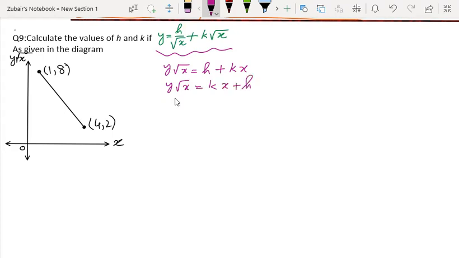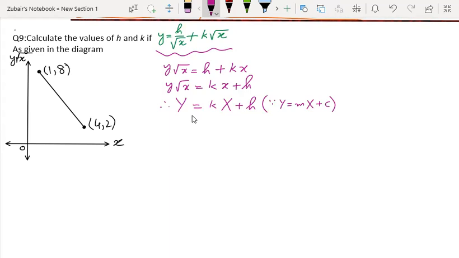So we can say that this is capital Y and this is M and this is capital X and this is H. So we can write Y is equal to KX plus H, as we are comparing this with capital Y equal to MX plus C.